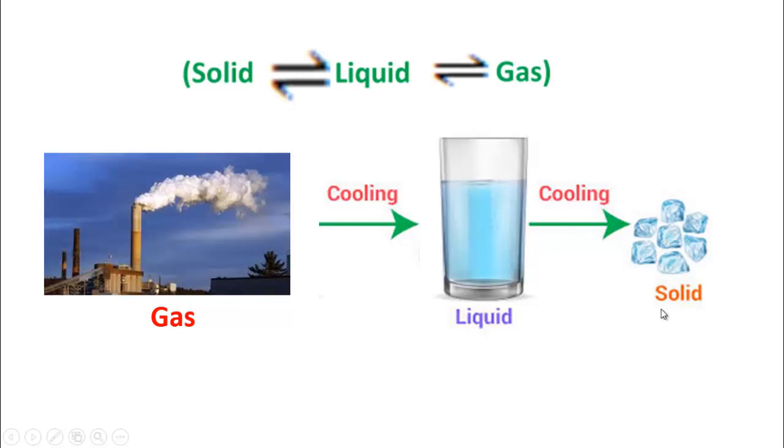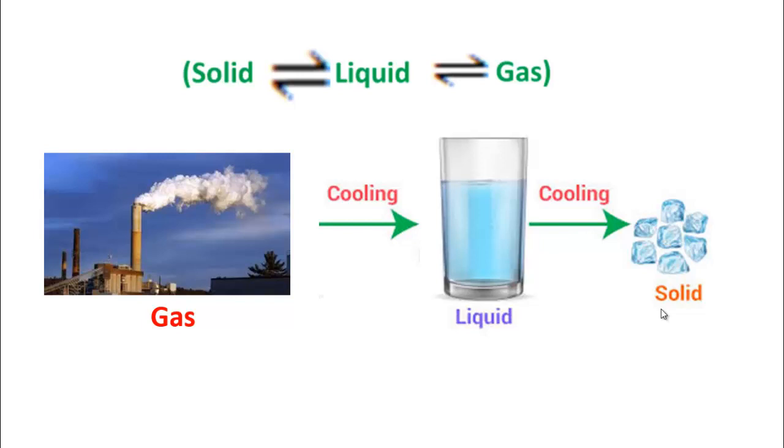Actually, what will be the kinetic theory here? In the gaseous state, the intermolecular attraction force is very less and the intermolecular distance is very high. So when we cool the gaseous substance, what will happen?